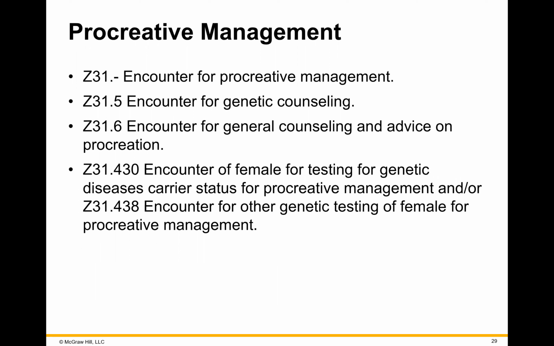Procreative management could be a lot of different things, could involve genetic counseling as per the second bullet point, could be counseling advice on procreation, could be encounter for females for genetic testing, or encounter for other genetic testing or for procreative management as described in Z31.438.